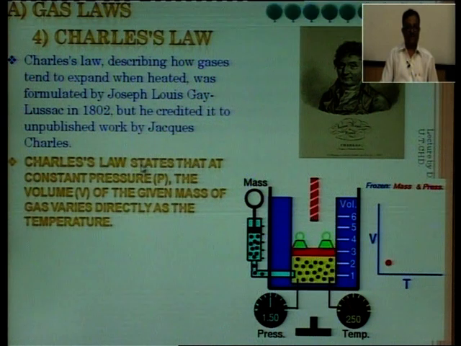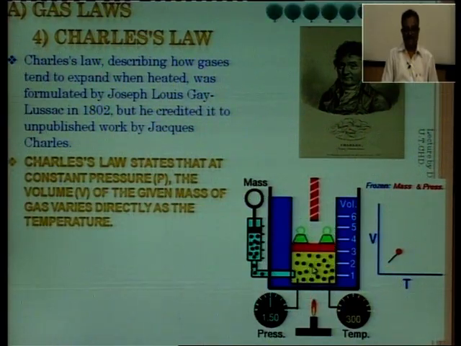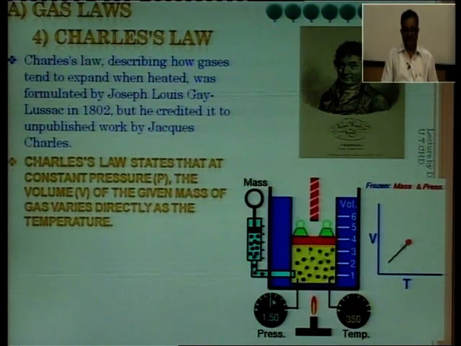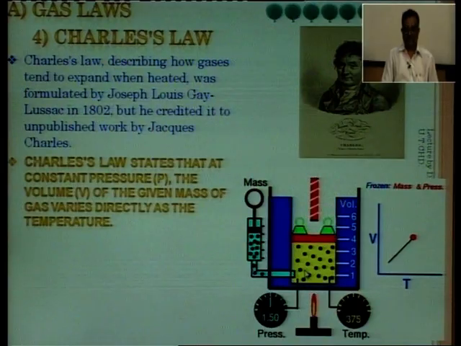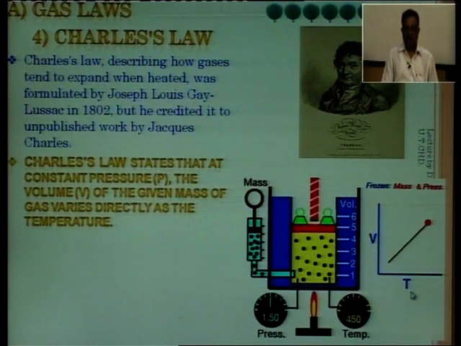Charles' law states that, as this graphic also illustrates, for a fixed mass of a gas at constant pressure, we are going to vary its volume and see how the temperature varies, or you vary the temperature and study how the volume varies.